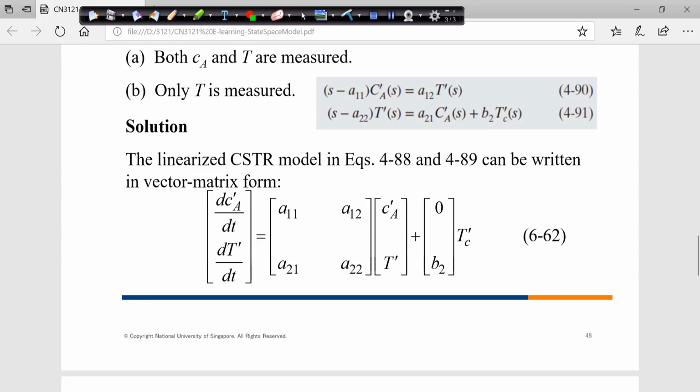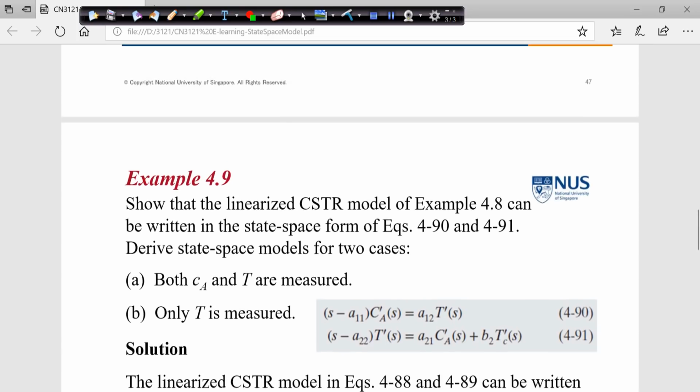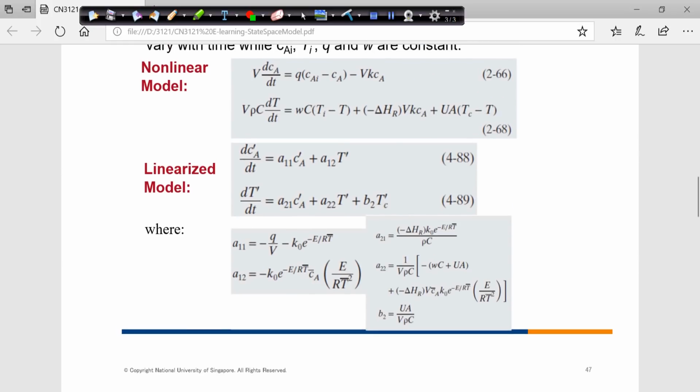But if you see the dynamic function dCA prime over dt equals A11 CA prime plus A12 T prime, because it's a matrix operation, plus this is 0, so it's just these two terms summed up. That's exactly the same as this first equation to describe the dynamics of CA prime.